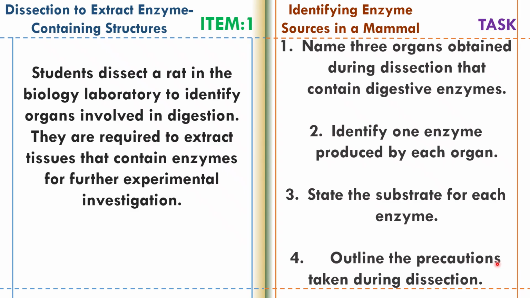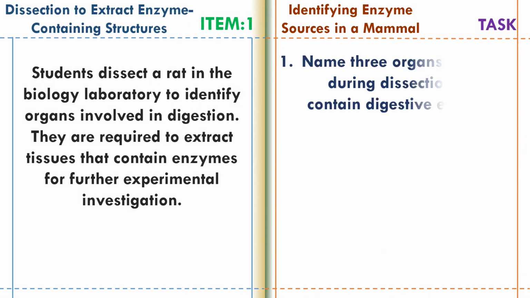Outline the precautions taken during dissection. Let's start with 1. Name 3 organs obtained during dissection that contain digestive enzymes.